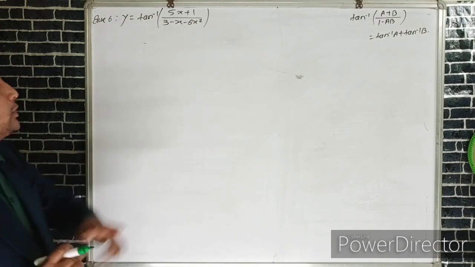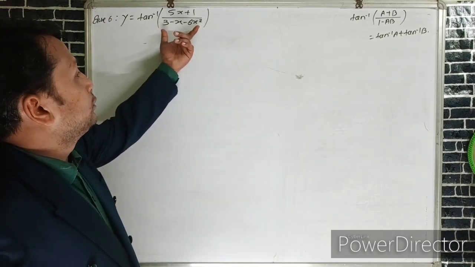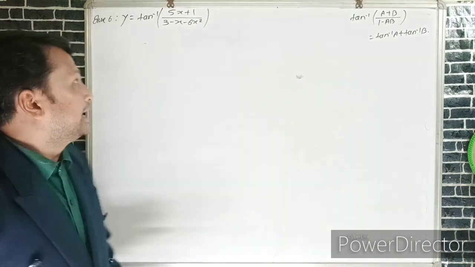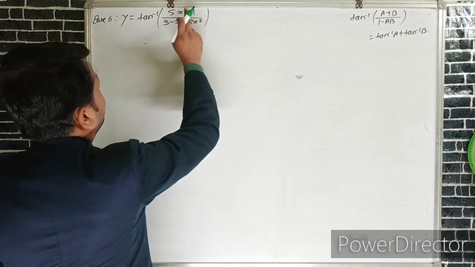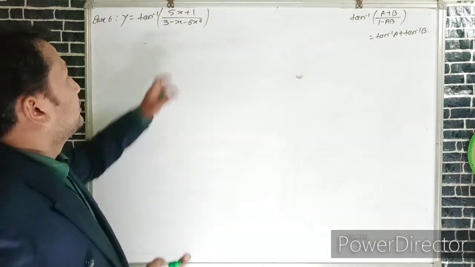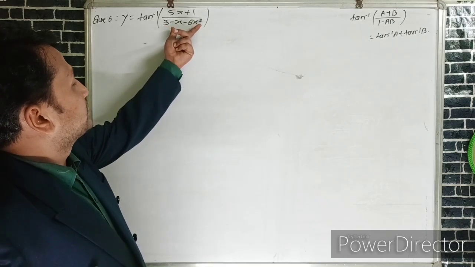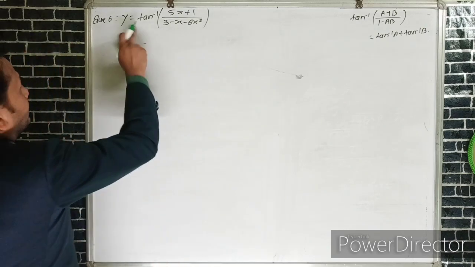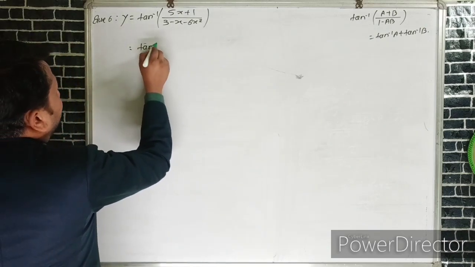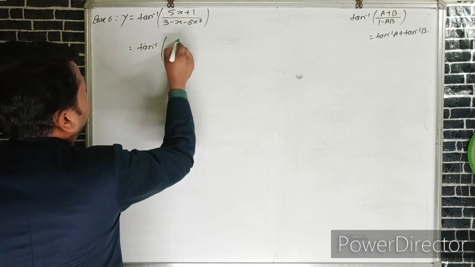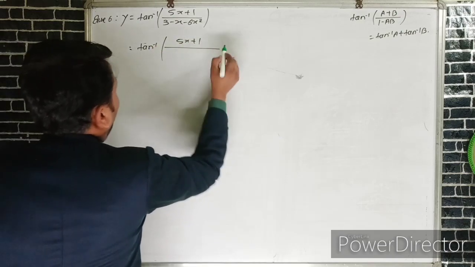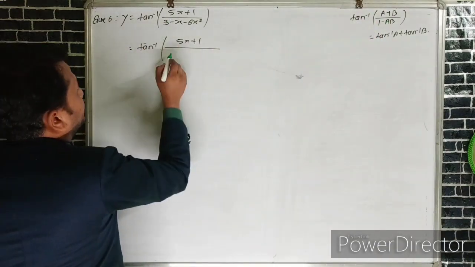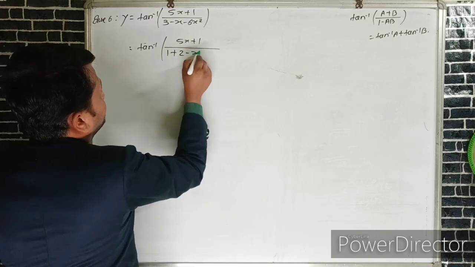First, we convert this whole bracket into the form of a plus b upon 1 minus a into b. It means that we factorize the function. Here we can write tan inverse of 5x plus 1 as it is, upon, these two converted into 1, we can write it 1 plus 2 minus x minus 6x square.